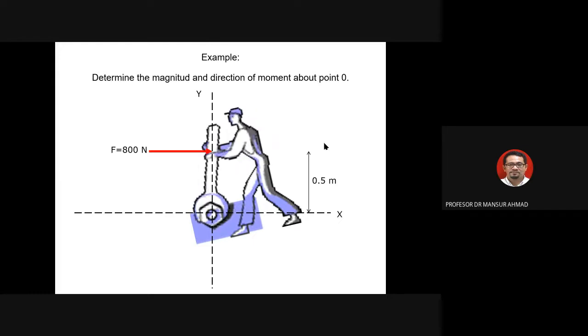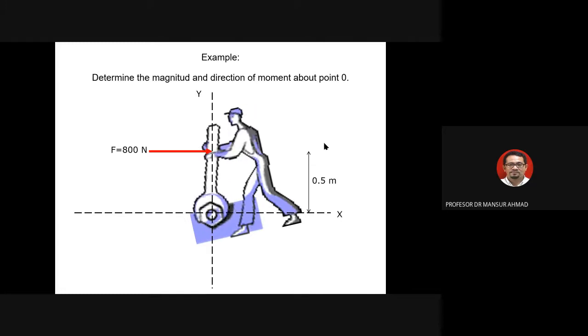So when it's in rotation, it is going to have a negative moment. But if you have this 800 Newton going to your left, akan menuju ke arah kiri, then it will be positive moment. Yeah, you look at that in a rotation. Kalau you lihat pada ke kanan atau ke kiri, then it will be confusing.